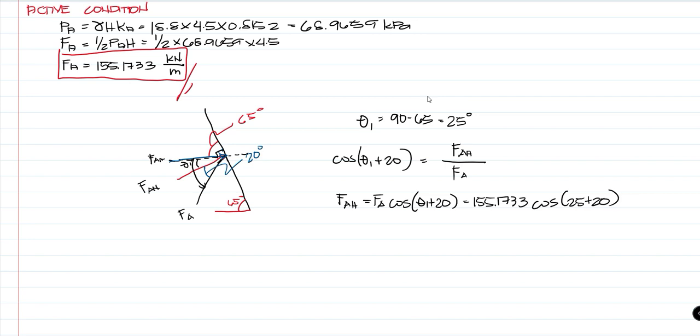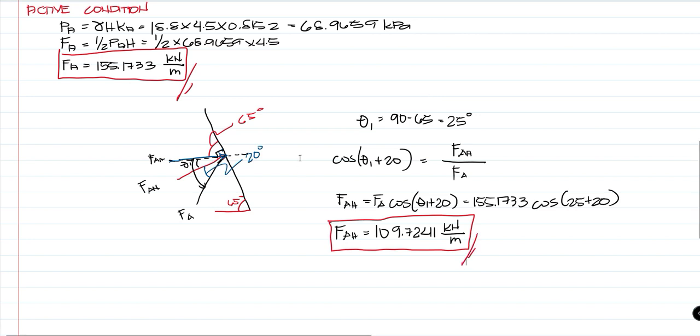So we can have a value of the horizontal component of the active force, which is 109.7241, which is in kilonewton per meter. So ito na ngayon yung hinahanap natin na horizontal component of the active force.